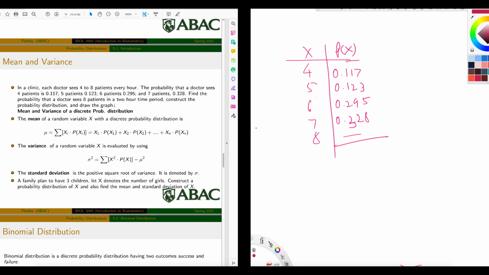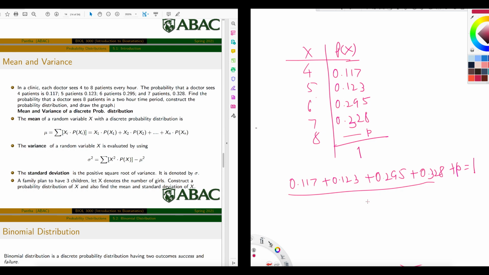You know that the sum of the probabilities is always 1. So let us say the unknown probability is p, lowercase p. You write 0.117 plus 0.123 plus 0.295 plus 0.328 plus p equals 1. You add these and subtract from 1, and you get 0.137.